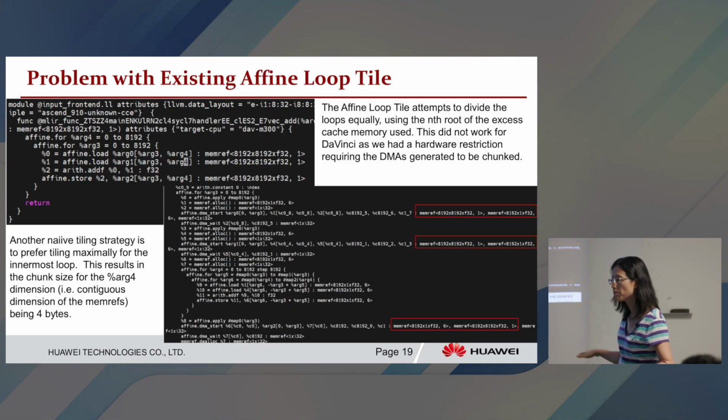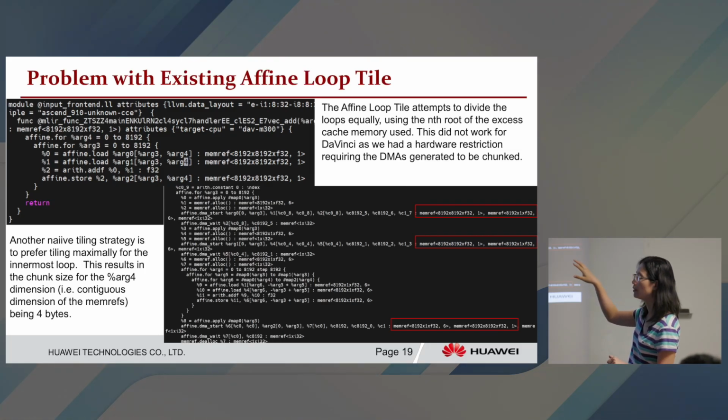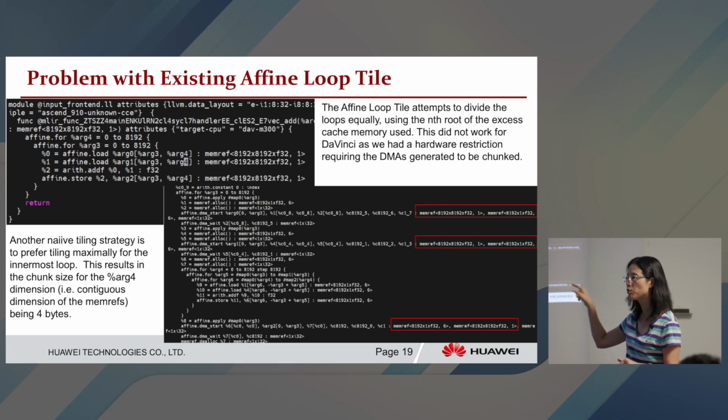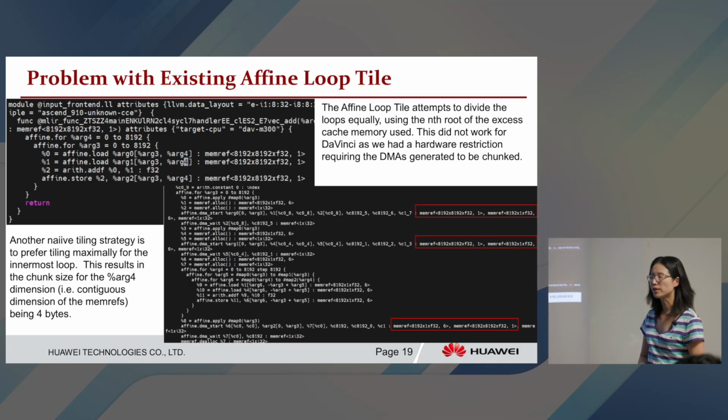So all the loops are equal citizens, except the loops that affect inner dimensions of a memref. They will be subjected to a special constraint. And yes, you can tile more than one loop, for sure. That's our ongoing work, and I believe we are expecting a paper out of it.